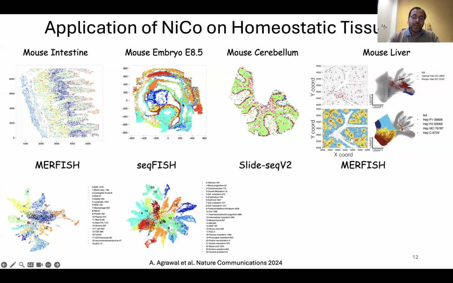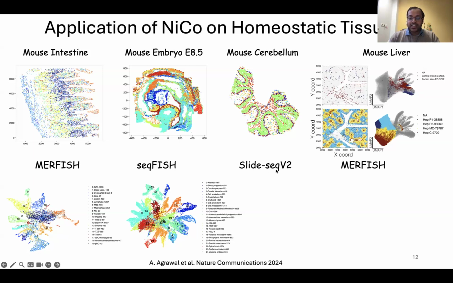From the mouse embryogenesis data at embryonic day 8.5, we found interaction between the cardiomyocyte and the pharyngeal mesoderm, which helps in the generation of the cardiomyocyte niche later on.